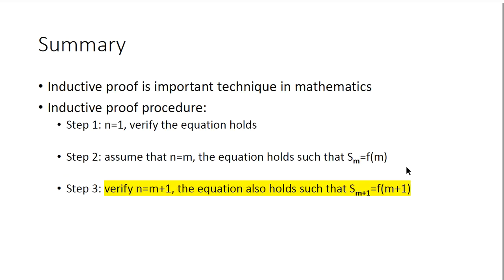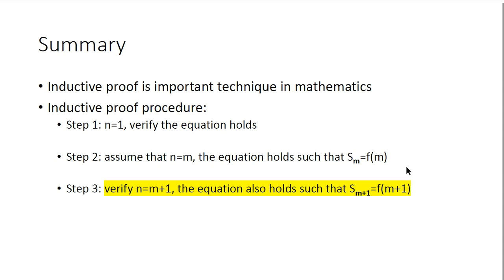So let me do a summary. The inductive proof is an important technique in mathematics. It includes 3 steps. The first step is to verify that the equation holds for the first number, usually 1. The second step is to assume that when n equals m, the equation also holds.